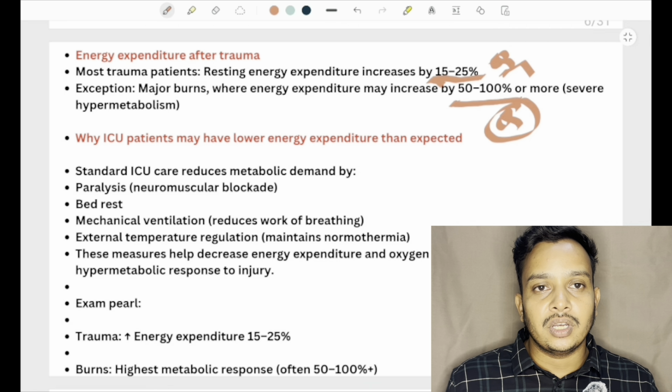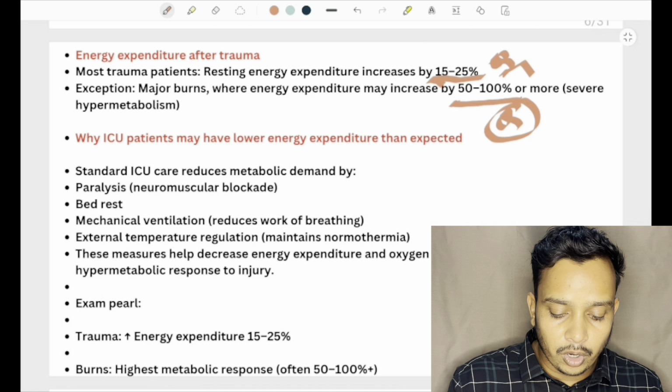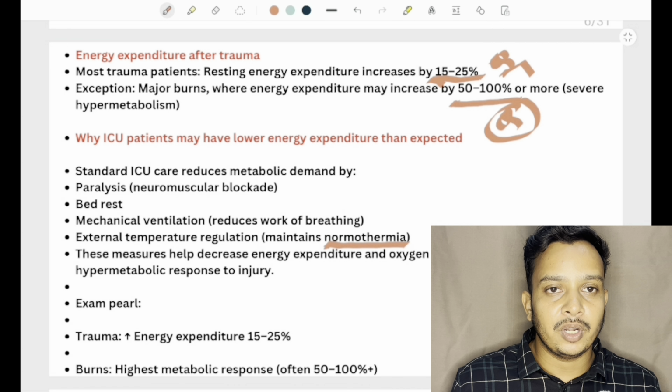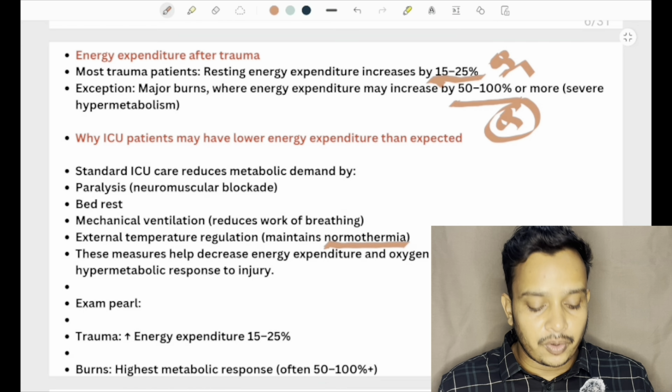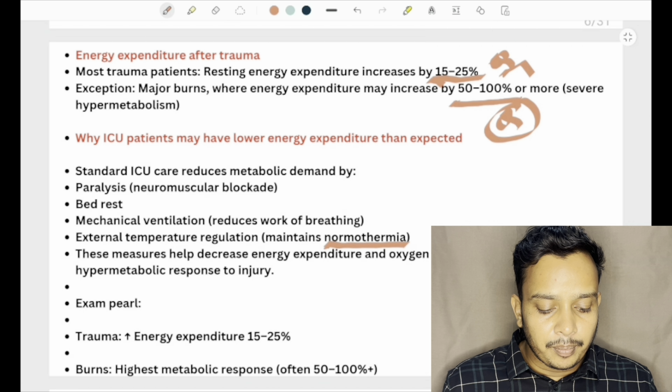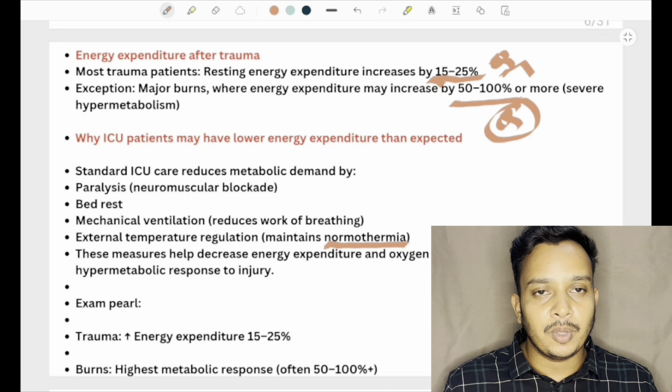Also in the ICU setup, we keep the patient normothermic so that enzymes are in check and body temperature is normal, so the hypermetabolic state is controlled. And the patient will be in a paralyzed state.